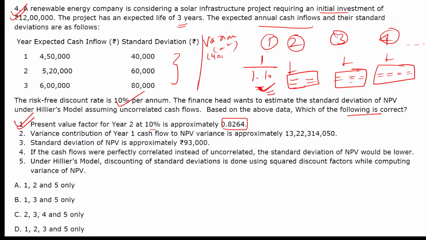So 40,000 square, 60,000 square, and 80,000 square. So for the first year, my variance will be 40,000 square into the discount factor, that is my variance contribution. For cash flows, you have to compute the present value of it also.